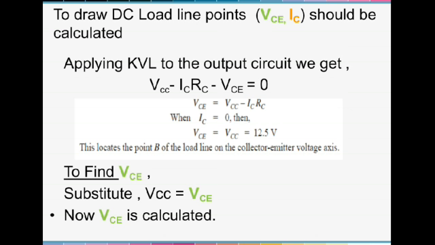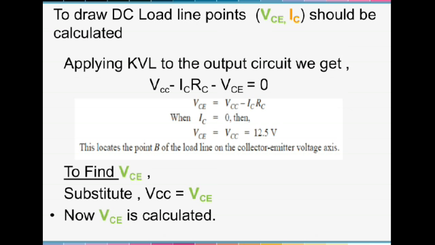So we are going to continue with step 1 and step 2. For step 1 we are going to find VCE. Applying Kirchhoff's voltage law here, as we said for the previous circuit diagram, VCC minus ICRC minus VCE equal to 0. From this equation, VCE equal to VCC minus ICRC.